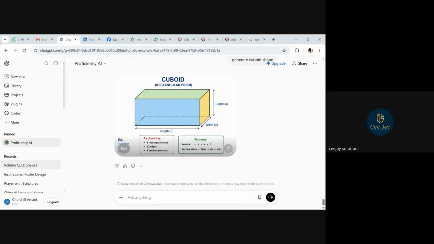12 edges. Edge ni hizi hapa. 1, 2, 3, 4, 5, 6, 7, 8.